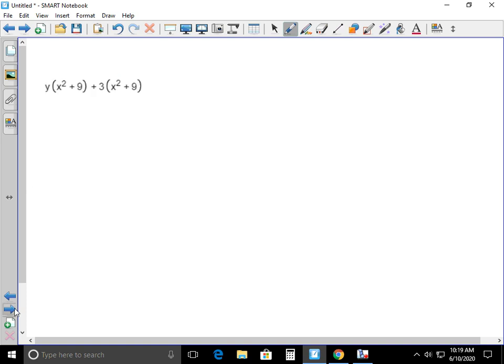Okay, here we essentially have two terms. We have something plus something on the outside. Now we have some adding on the inside too, but we have something plus something.